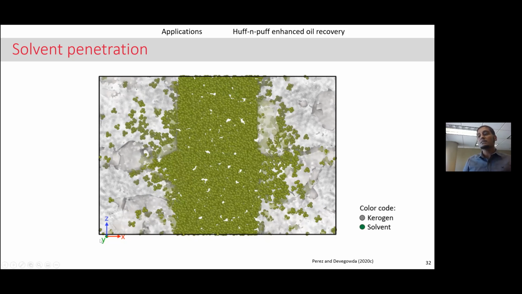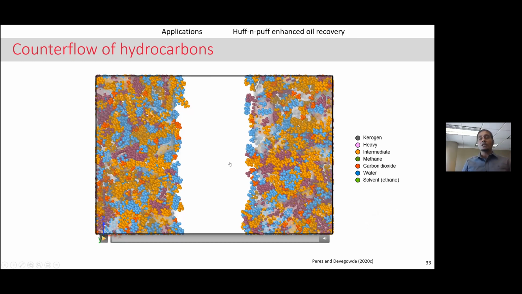Let's see what happens in terms of production. So now I'm rendering only the fluid molecules that are going to be produced. The solvent is still in this space over here, but I'm not showing it. So I'm just going to show you what is going to be produced. If you recall previously with primary production, you only had methane and you had some of the ethane fraction perhaps being produced.